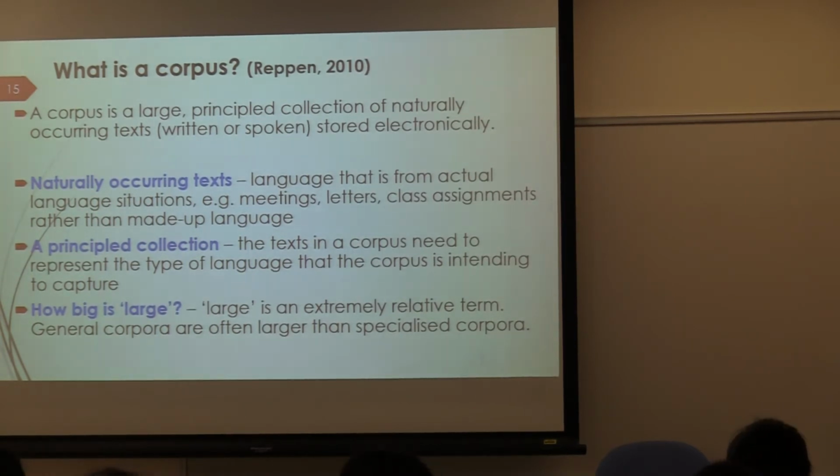Well, it is a relative term. Usually a general corpus, including different kinds of genre, is bigger than a specialized corpus focusing on, let's say, legal English or your students' written class assignments.